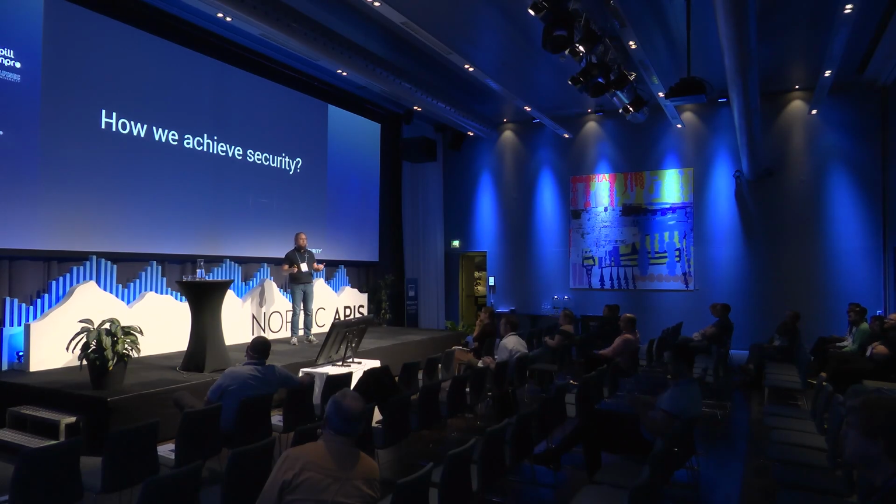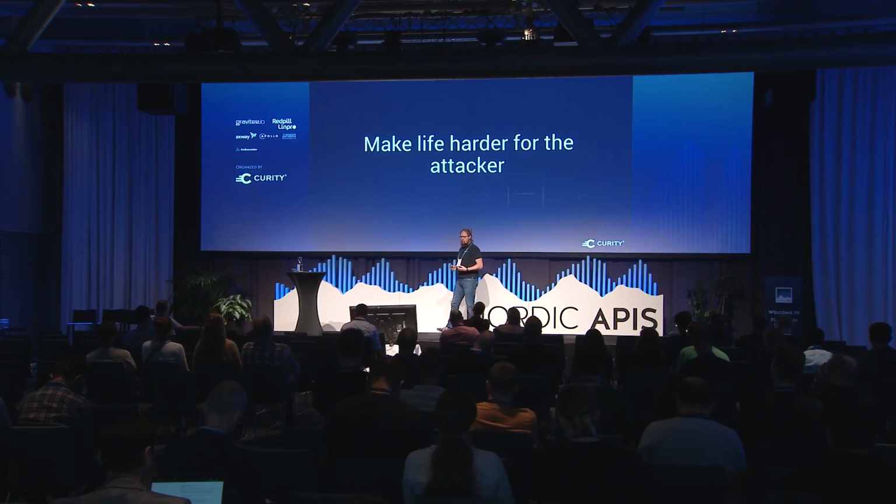I wanted to start this talk quite commonly with the question, how do we achieve security? If I asked you for a one-sentence answer to that, I would probably get many different and probably all correct answers. But from an API perspective, what's important for me is that achieving security means making the life of an attacker harder.